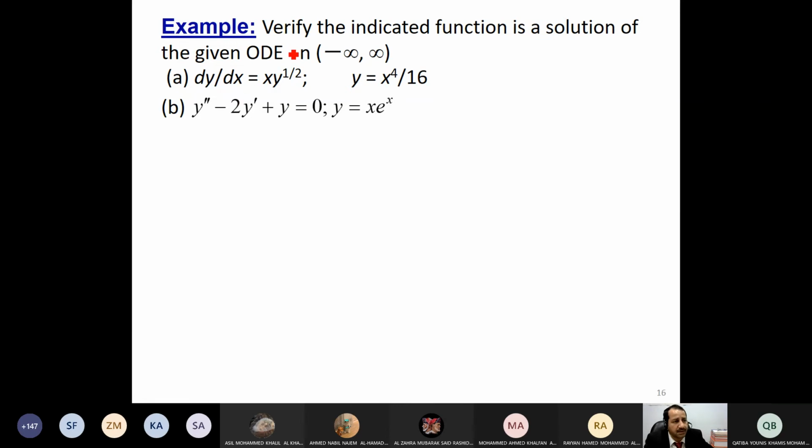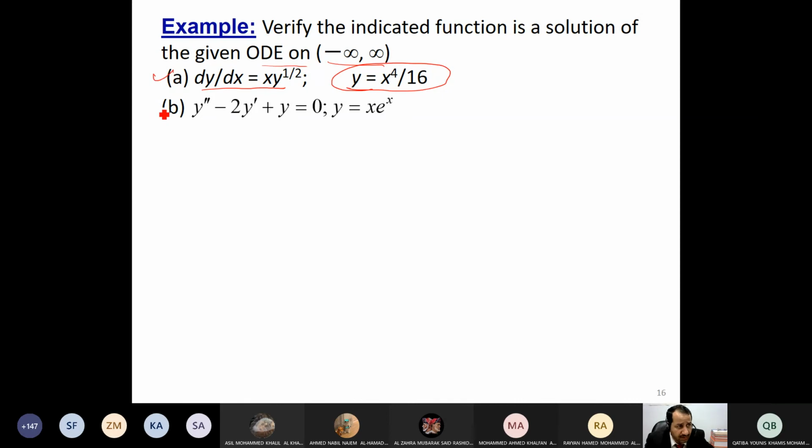If we come here, verify that the indicated function is a solution of the given ordinary differential equation in this range. He told me to prove that the solution of this differential equation is y equals x to power 4 over 16.